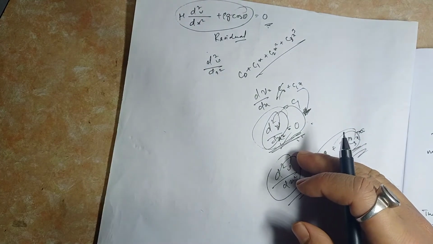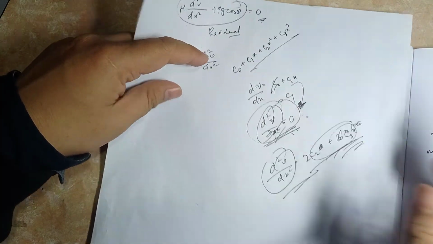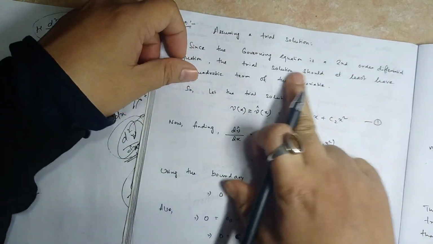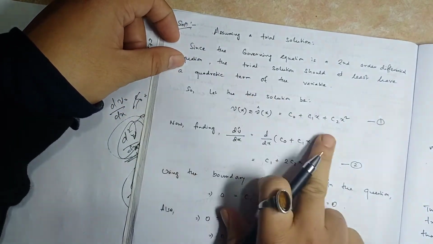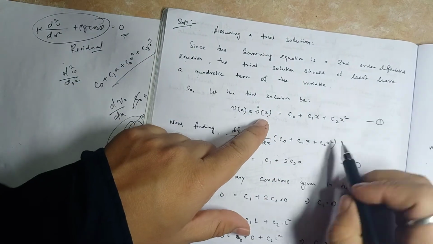Actually you are free to choose any trial function, but sometimes you may not get the answer. That's why here it's better to take a trial function suited to a second order differential equation. You can take higher order also, but at least take a quadratic term here.